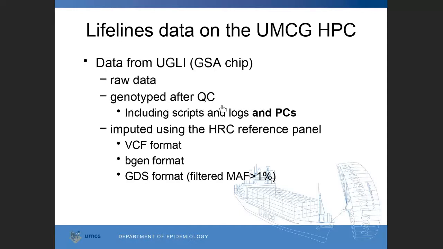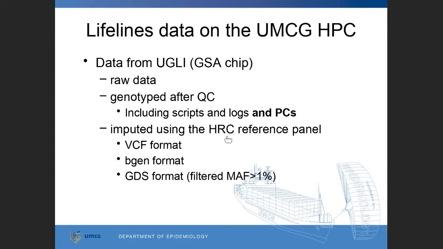In this folder, GSA genotypes, you will also find the scripts and the logs that are the result of the quality control. Here you will also find the principal components to adjust for population stratification. There are 20 principal components, and the advice is to use at least 5 of them in your analysis.